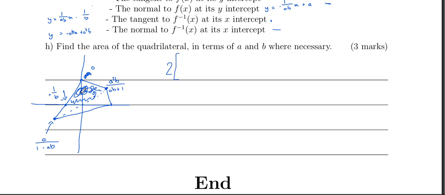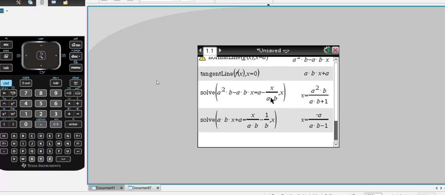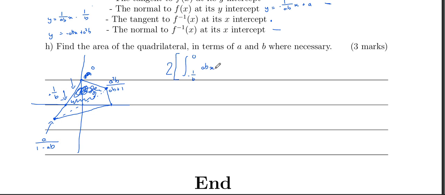So 2 multiplied by: the first area is the integral from negative 1 over b to 0 of this tangent here, which is abx plus a, and then plus the integral from 0 to a squared b over ab plus 1 of this normal, which is a minus x over ab, and then we also have to consider the line y equals x, so minus x dx. So that's the positive area part.